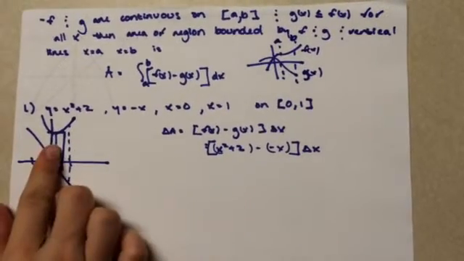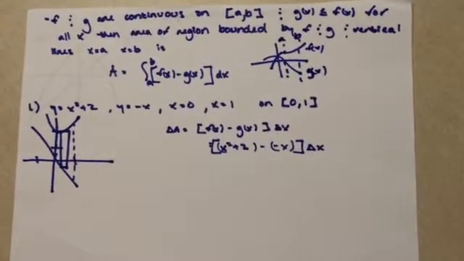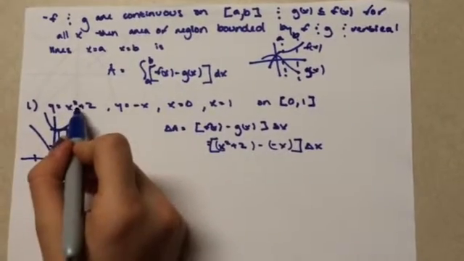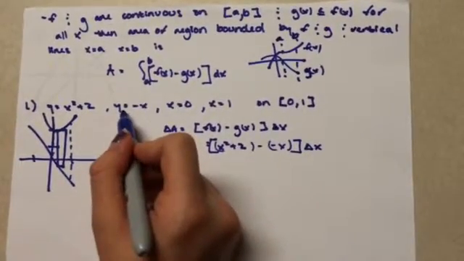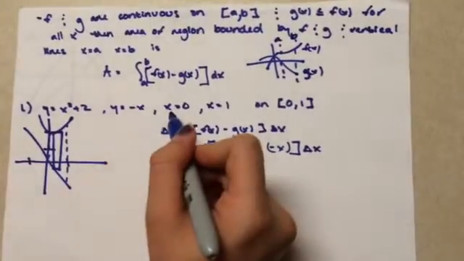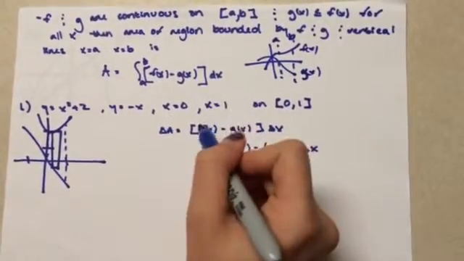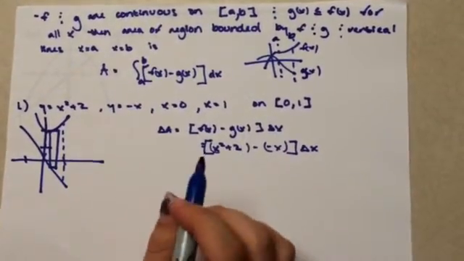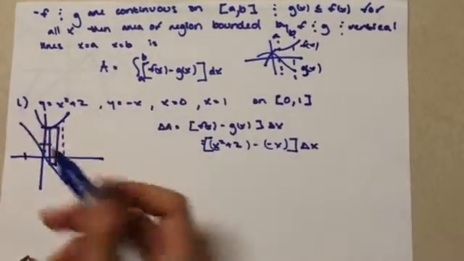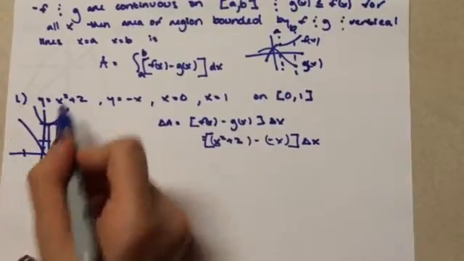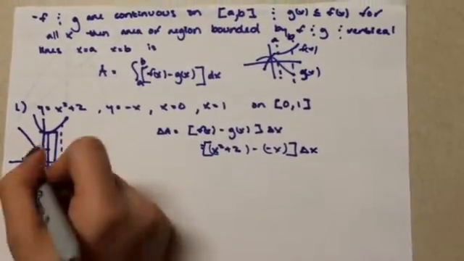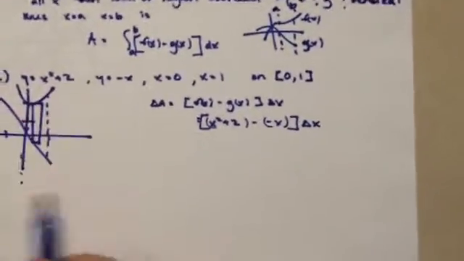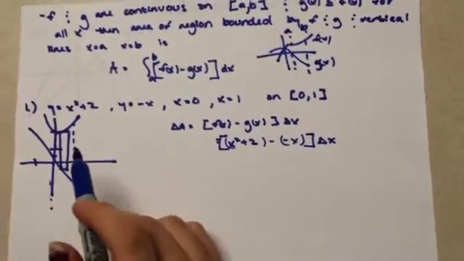It's asking us to find the area of the region bounded by y equals x squared plus 2, y equals negative x, x equals 0, and x equals 1, on the interval from 0 to 1. So I already graphed it with a quick and simple sketch. You'll see we have y equals negative x, we have x squared plus 2, and they're between x equals 0 and x equals 1.